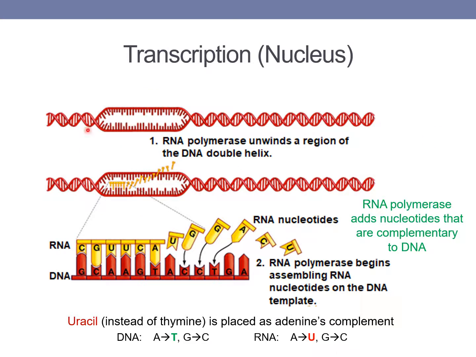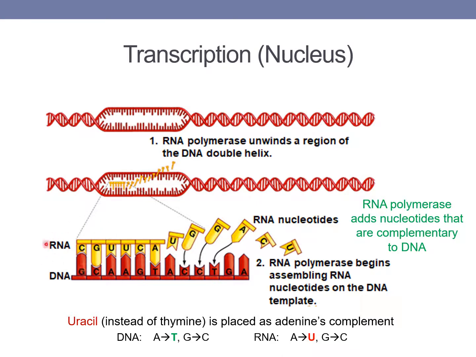And so what happens is the DNA will separate, so those two strands will separate, and then the RNA polymerase will actually start adding nucleotides that are complementary to one of those strands of DNA. And so you can see here in this region that's been blown up, on the DNA, we have these nucleotides that are being used as a template.